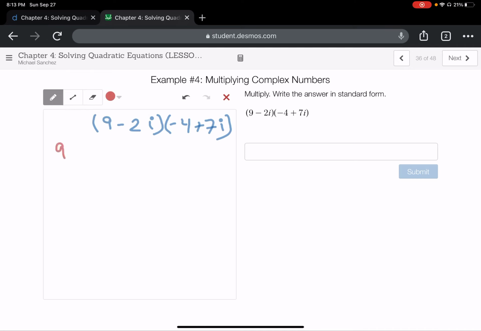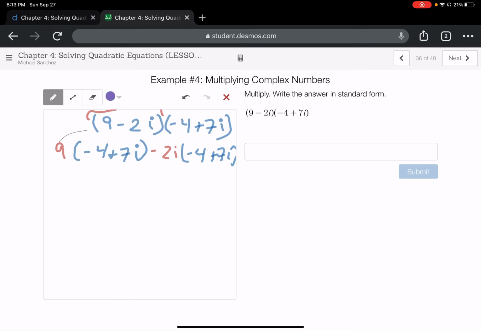So I'm going to do 9 times -4 plus 7i, and then I'm going to take my -2i and also multiply it times my -4 plus 7i.